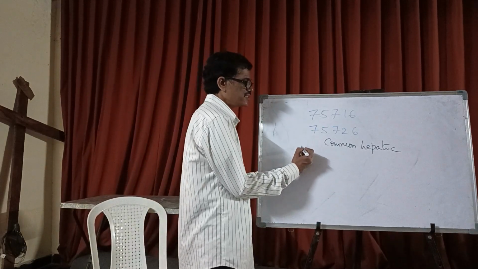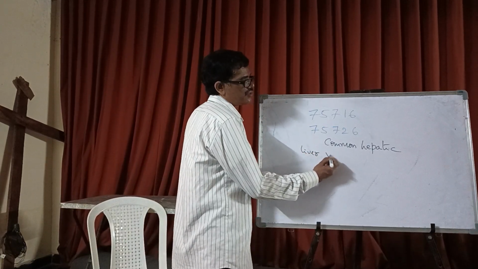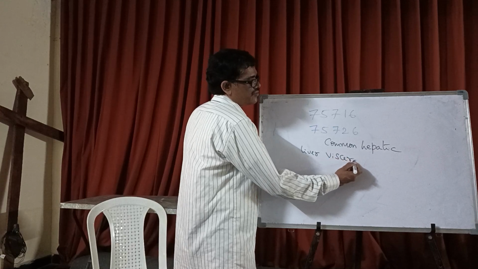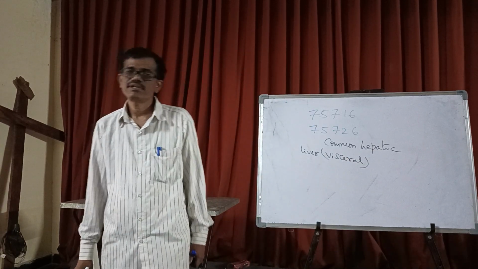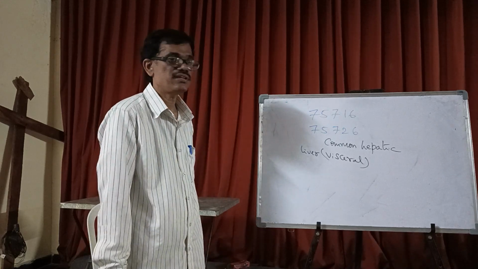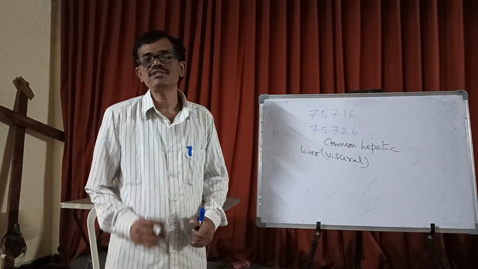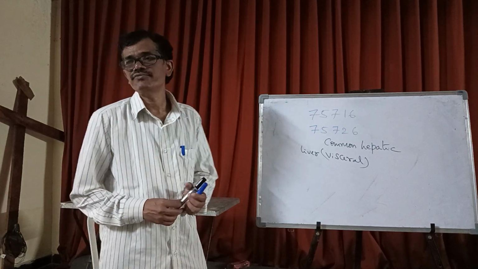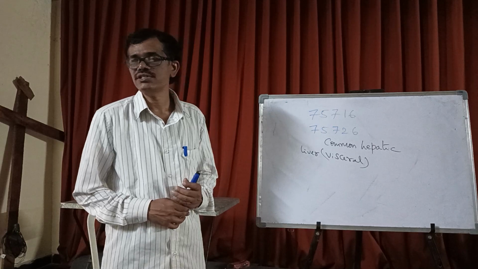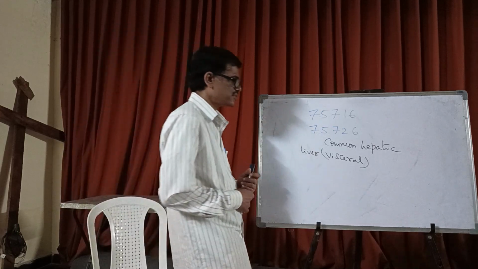Liver is always considered as a visceral organ. What is the word it matches is visceral. So visceral and కనపడింది కదా 75. Which number you got the word visceral is the 716 or 726? 726. So common hepatic artery we are recording. Which code you have to choose is 75726.